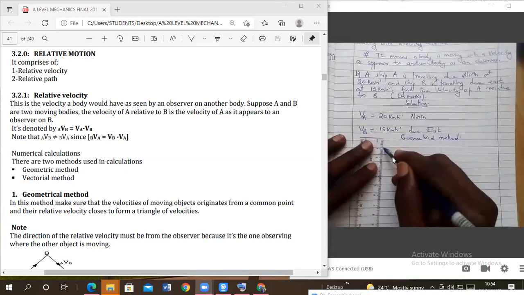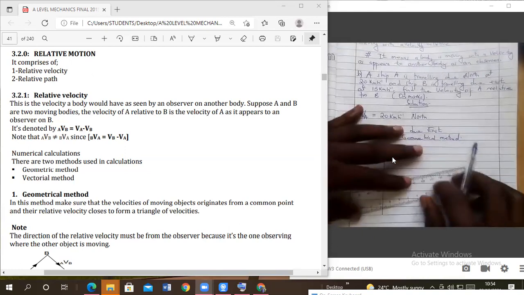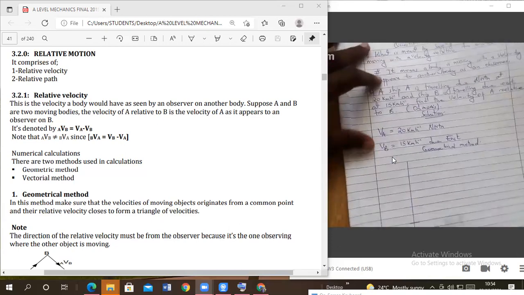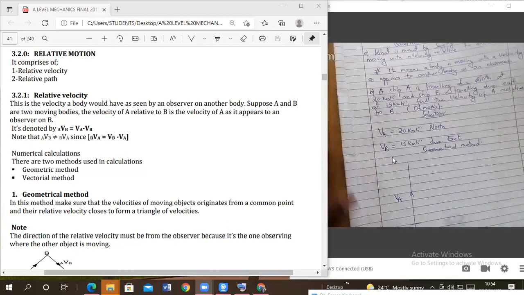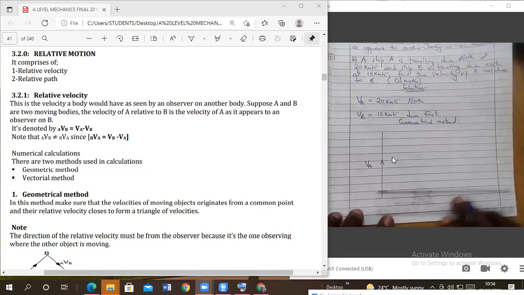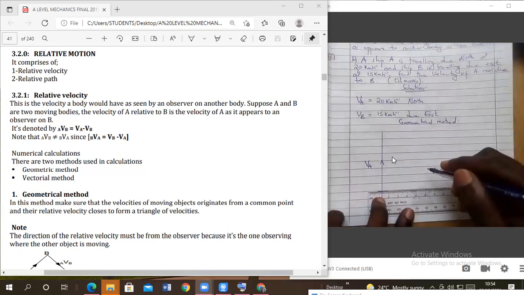VA is moving due north, like that. Then VB is moving due east. I think this question is very easy.